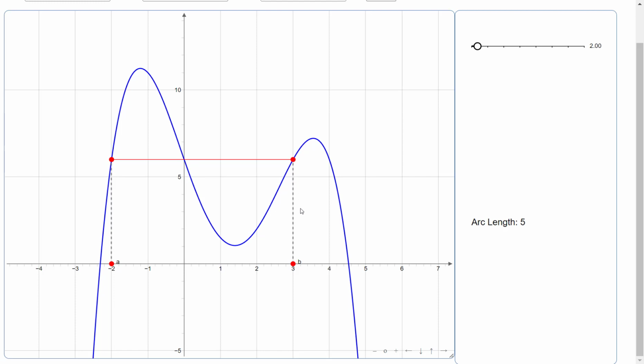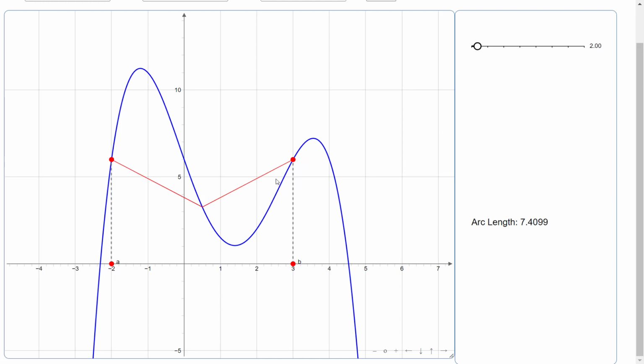Now, it really depends on how many subintervals I use as to how good that approximation is. So, for instance, right now I'm using one subinterval, and the approximate arc length is 5 units. It's definitely not a very good approximation because this line does not follow my curve at all. But let's say I split this into 2 subintervals.